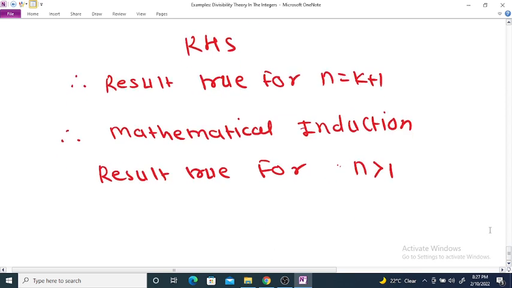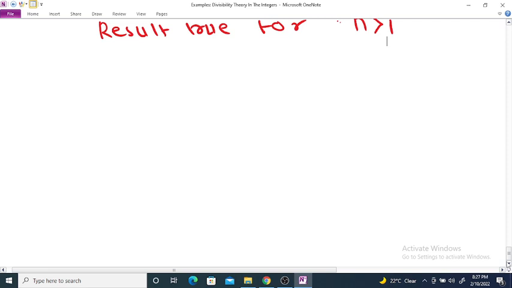Now the last example, example number 4. Find the greatest common divisor of numbers a and b.